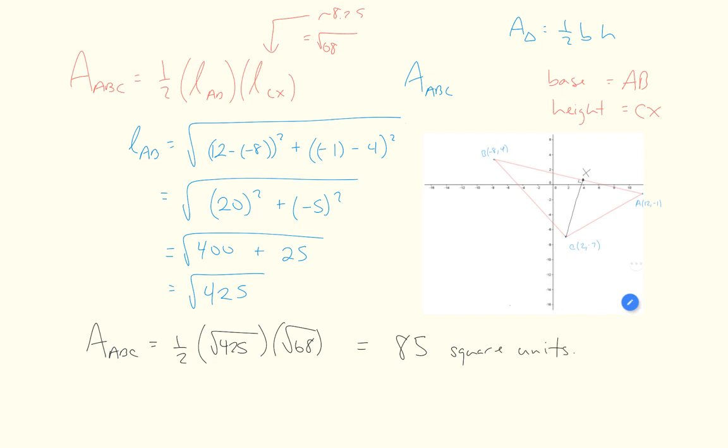So if I had subbed in an approximate decimal number, I would have got an answer that was close to 85, but not exact. Here's a case where using exact values spits out one exact whole value, which is the correct answer.